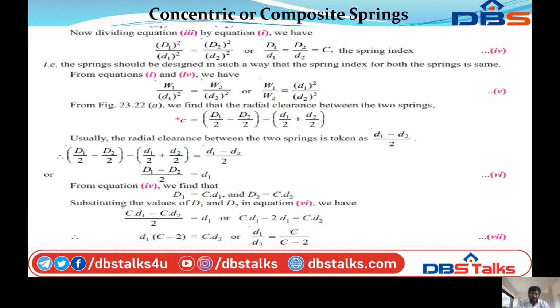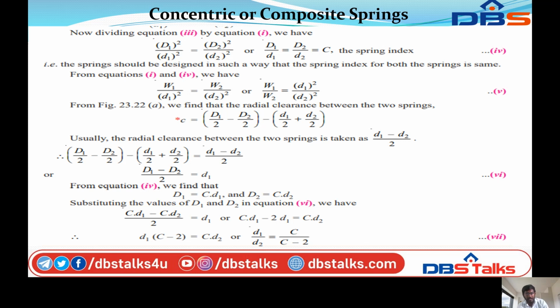Substituting the values of d1 and d2 in equation 6, we have (C d1 minus C d2)/2 is equal to d1, or C d1 minus 2 d1 is equal to C d2. Therefore d1 into (C minus 2) is equal to C into d2.